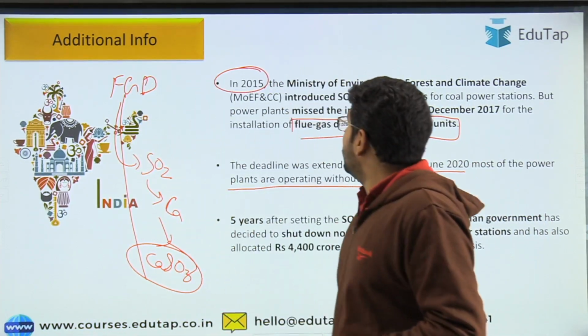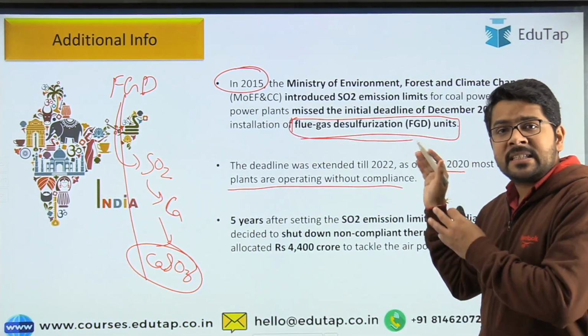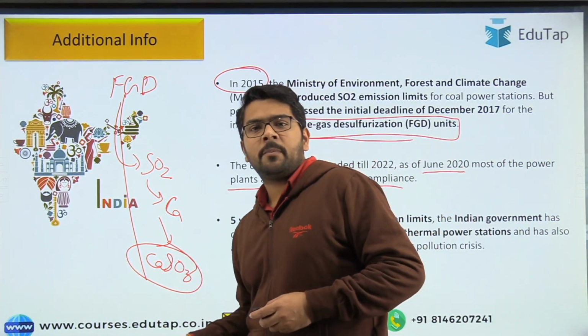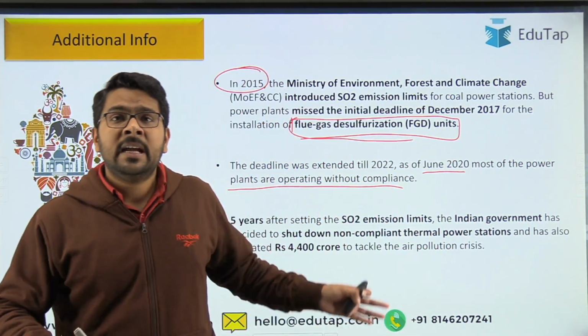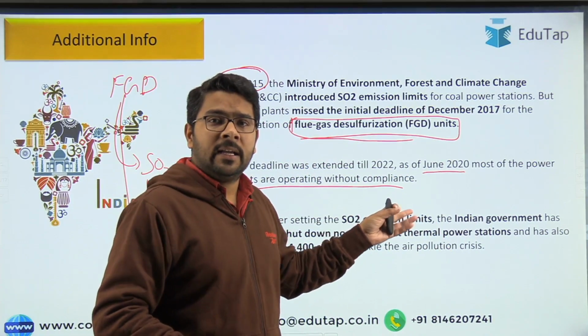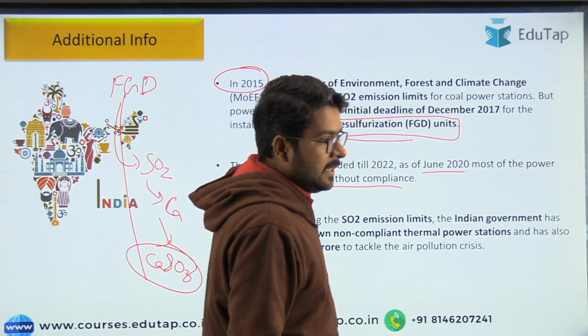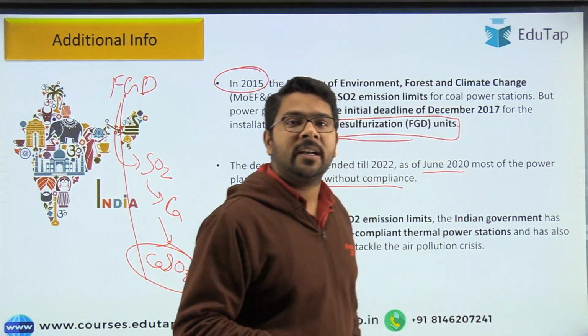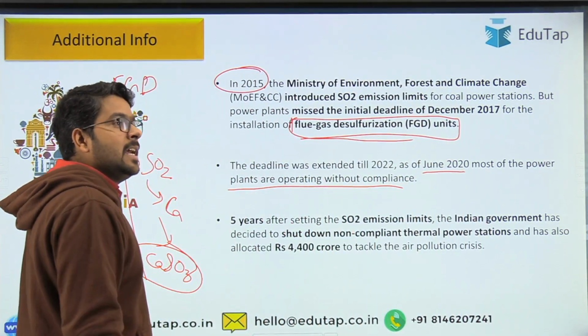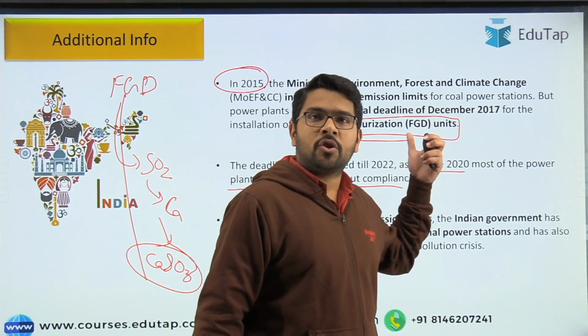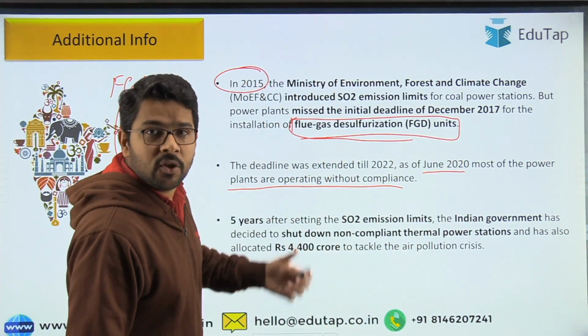Through these units, and this is compulsory for all the coal thermal plants, they have to install these units, but I already mentioned that till June 2020 they haven't done this. So the government has started shutting down those plants which were not following the SO2 norms and installation of these FGD units.